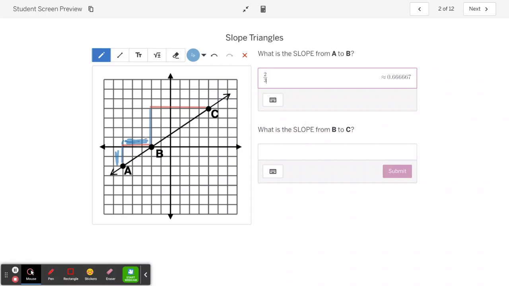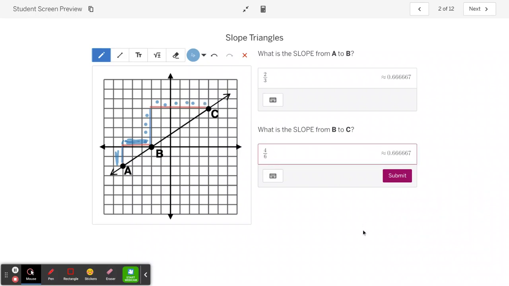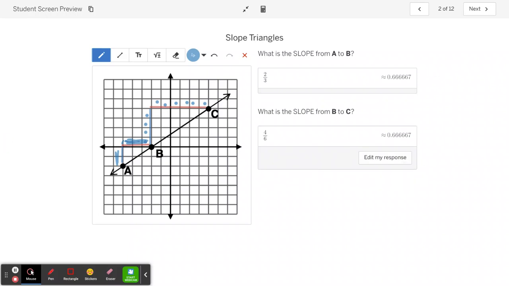Slope from B to C, the rise is 1, 2, 3, 4. So my rise is 4. My run is 1, 2, 3, 4, 5, 6, which is what we got on the last slide. So I'm going to type a 6. And now look, this decimal and this decimal, what do you notice about them?